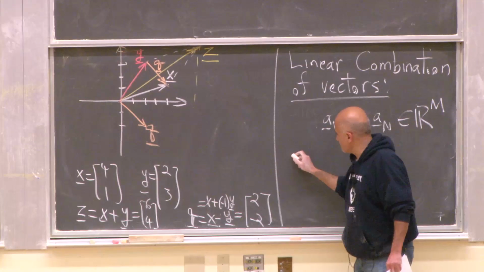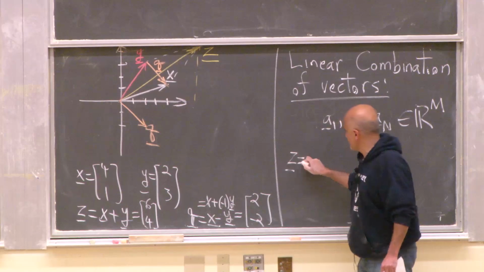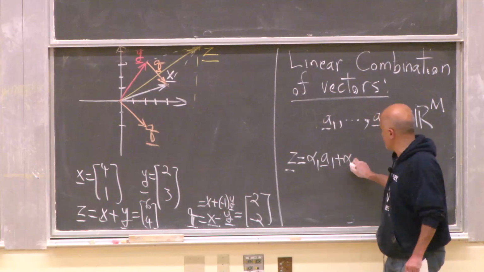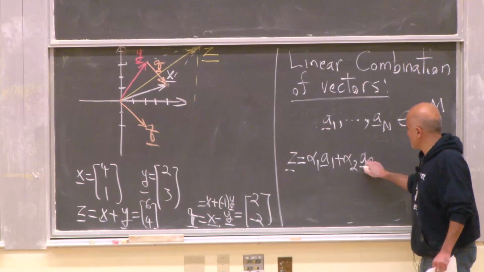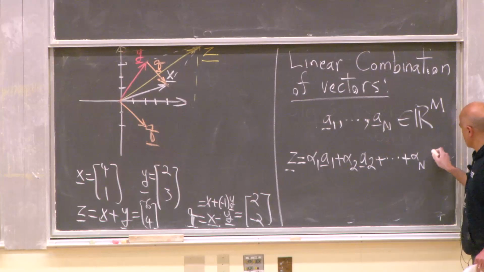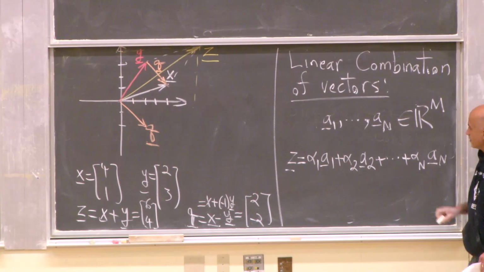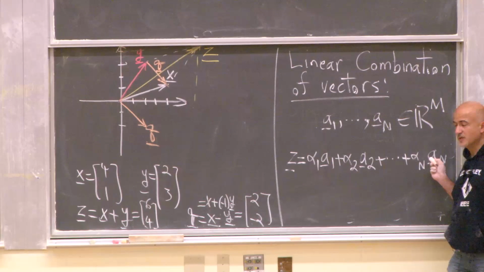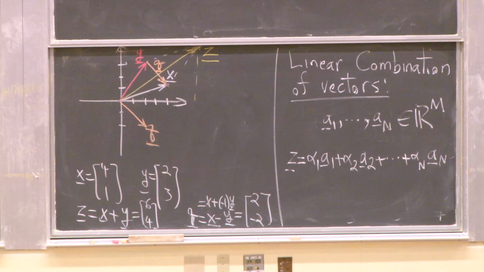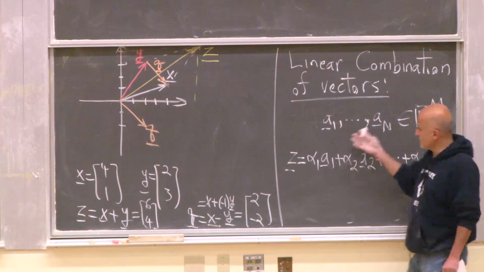A vector z can be obtained by a linear combination of these n. You can't linearly combine vectors that don't live in the same space. They all have to have the same number of components. That's expected, otherwise you can't even do the additions.